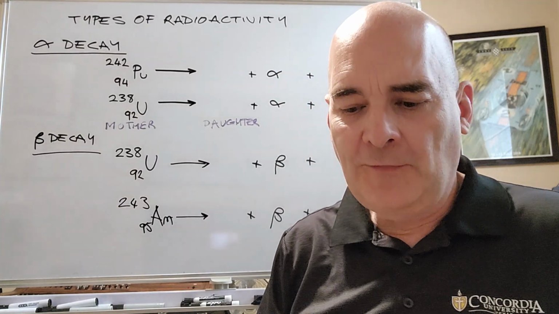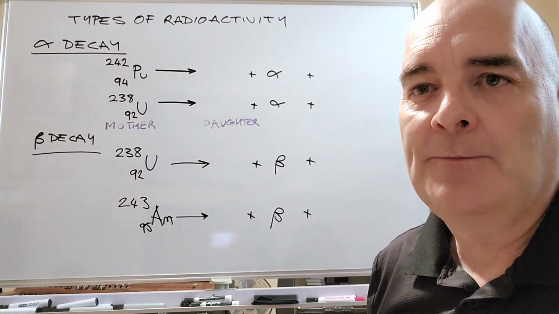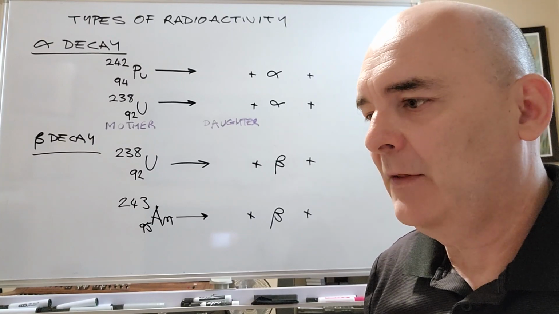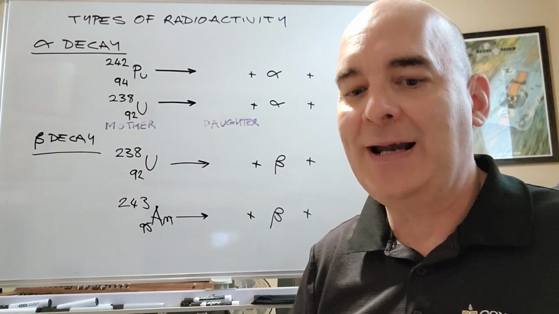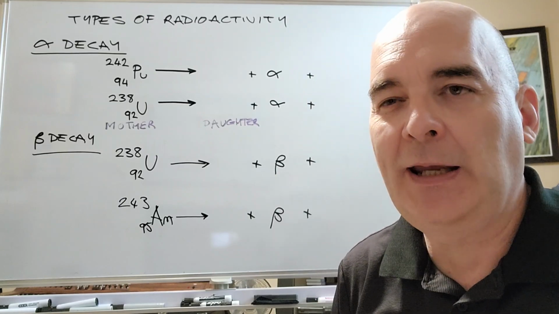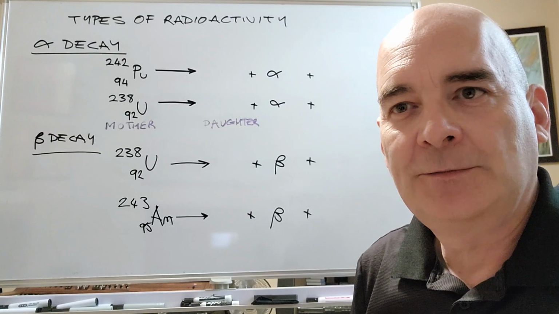Okay, the first one that we'll look at is alpha decay. Now, an alpha particle is the largest type of radioactive particle, and it looks suspiciously like a helium, except it doesn't have any electrons.